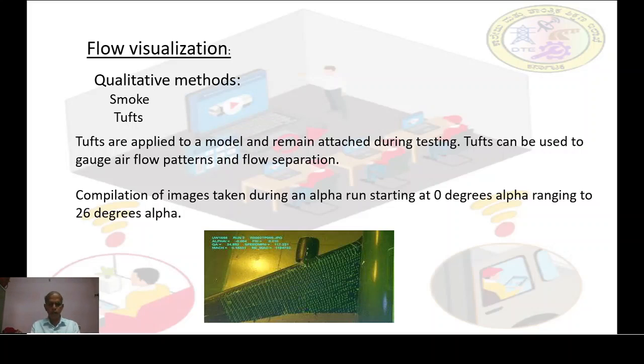Fluorescent mini tufts attached to a wing in the Kirsten wind tunnel showing airflow direction and separation. Angle of attack 12 degrees and speed 120 miles per hour.